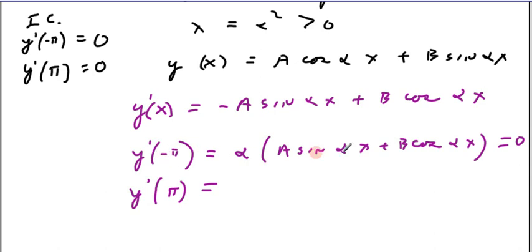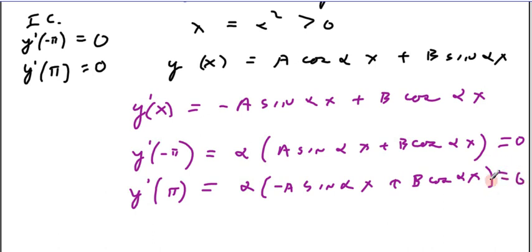Now I got a minus pi sitting in there for the x, but I didn't put it in on purpose. Minus a alpha sine alpha x plus b alpha cosine alpha x is equal to 0. Now why don't I have a negative sign here?